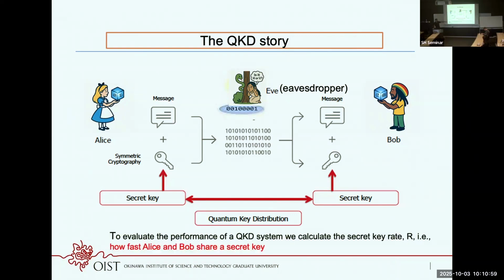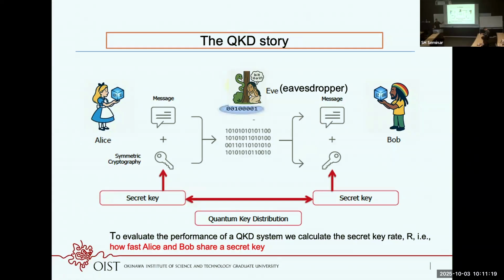I just put this sentence here because you will see that it's quite important. Okay, so we have QKD, and we are happy now, but how do we evaluate the performance of a QKD protocol? You need to find the rate.